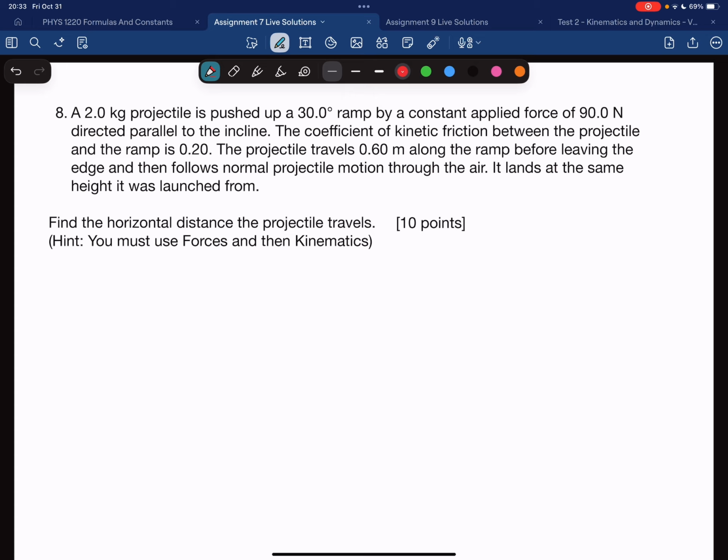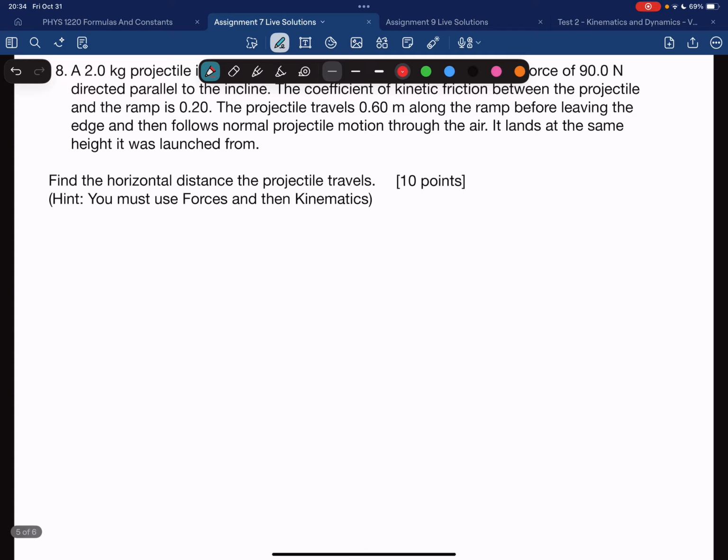The projectile travels 0.6 meters along the ramp before leaving the edge and then follows normal projectile motion through the air. It lands at the same height it was launched from. So that will come into play later on. What I want you to do is find the horizontal distance that the projectile travels. A little bit of a hint, you must use forces and then kinematics, specifically in that order.